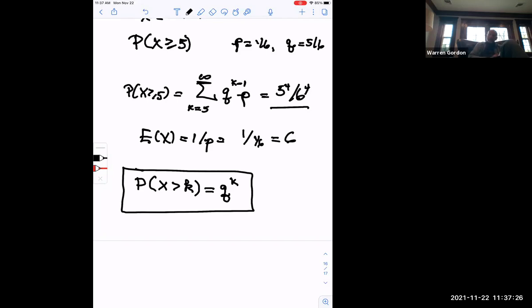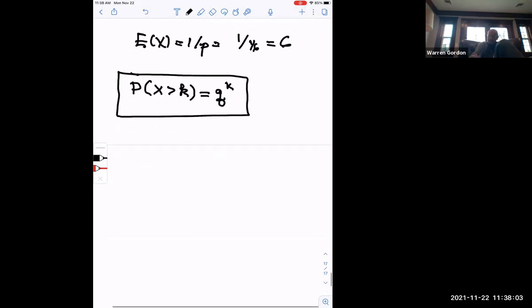The probability that x is greater than k means that if it takes more than k trials for the first success, the first k trials were failures. So one can actually prove this is an equivalent definition of the geometric distribution. I think I asked you to do that as an exercise. There's another property I want to talk about in a moment, but this one's pretty useful.